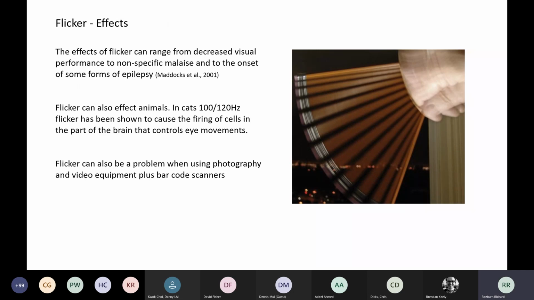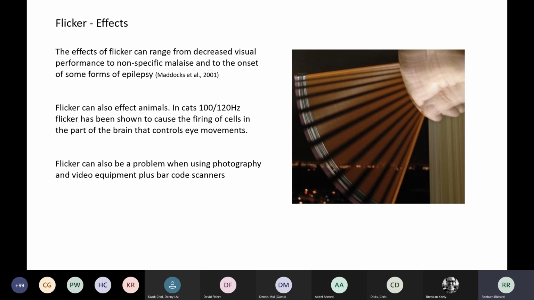So here we can see it's a pencil just moving about 25 Hertz, I think it is, around about there. But the effects of flicker can range from decreased visual performance, for instance, to actually non-specific illnesses, and in really bad cases, the onset of epilepsy.